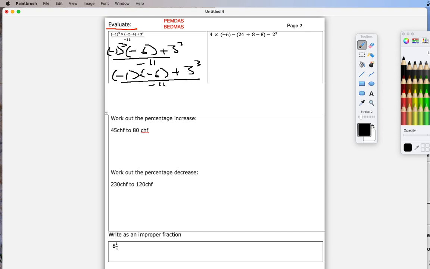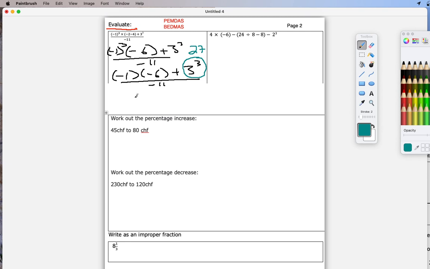Now the third step is we want to do multiplication before adding. We can do this indice if we want, because it's not going to affect us. So we know that 3 cubed should be 27. If you put that in your calculator, you should get 27.